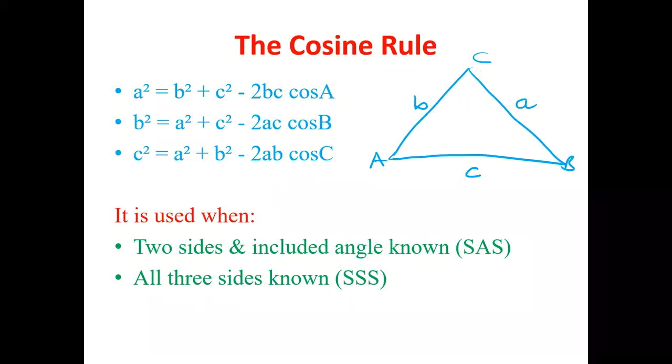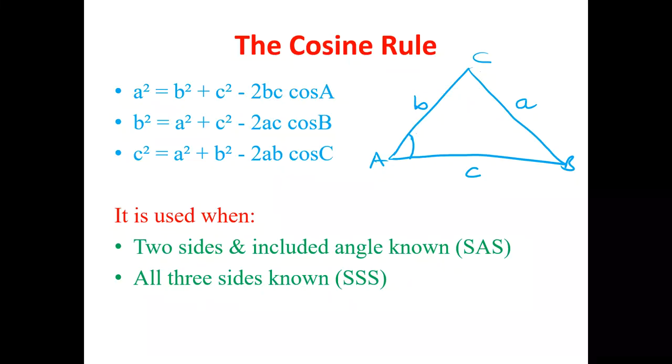So when we have sides like b and c, and even the angle between them, I can now find side a.